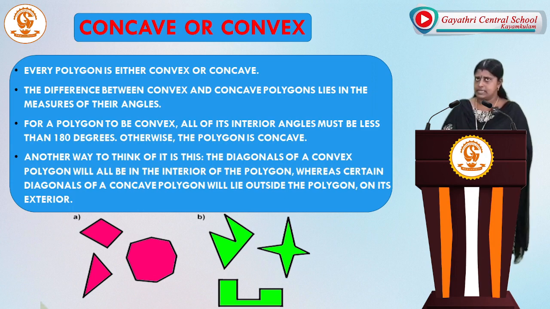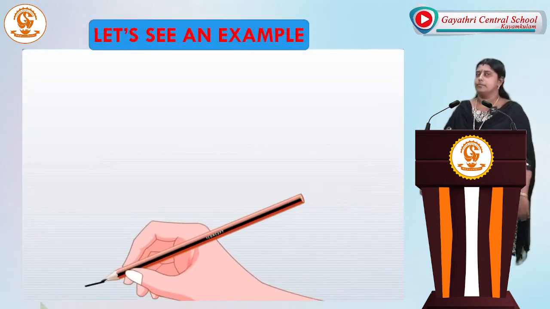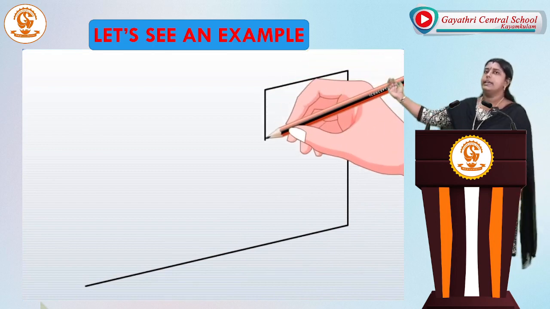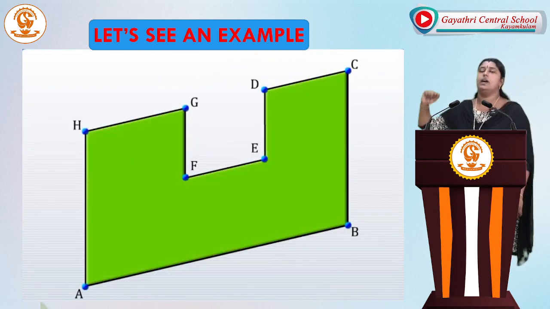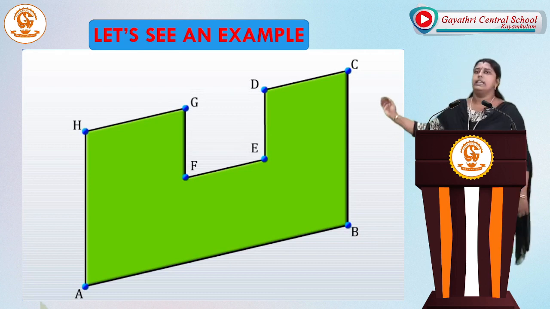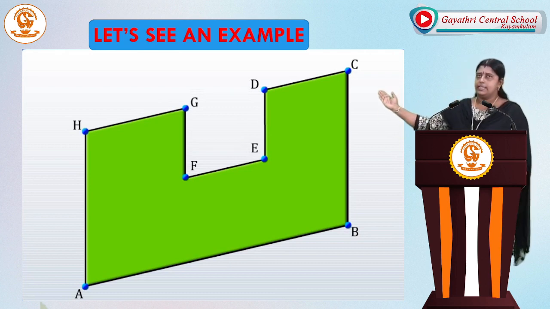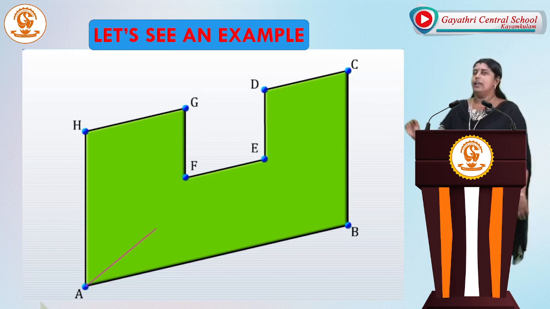Let us see some examples. I will explain it. Can you see a polygon here? Okay, here we can draw the diagonals in this polygon. Listen here.